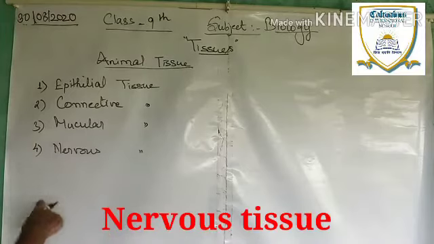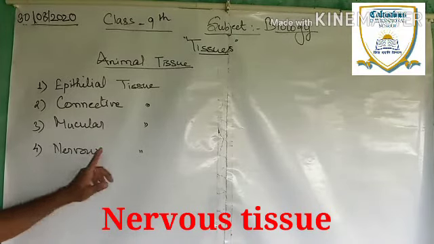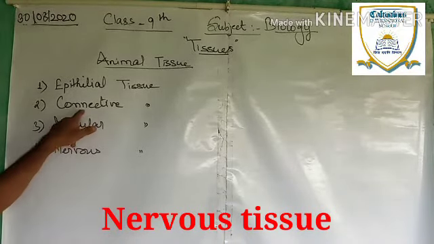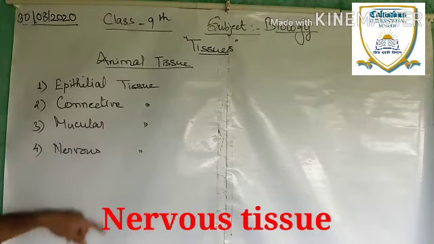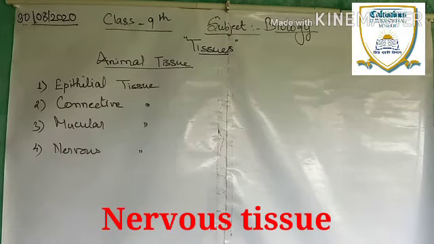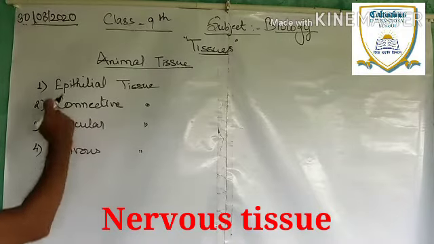I was going to write skeletal tissue, but that skeletal tissue also comes under connective tissue. We will discuss when we will go in the detail. Now, these are the four main type of tissues found in animals. Correct? Now, we will discuss one by one about these four.